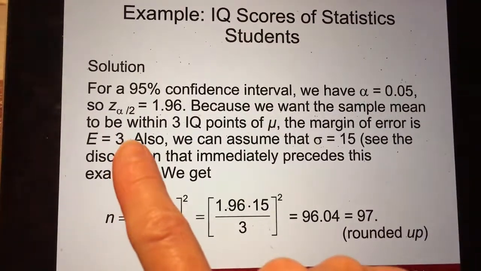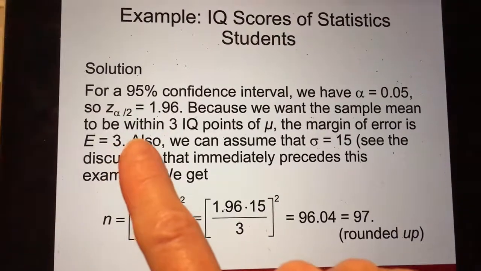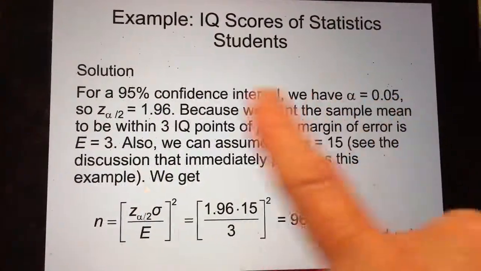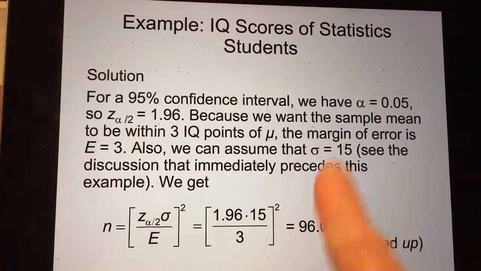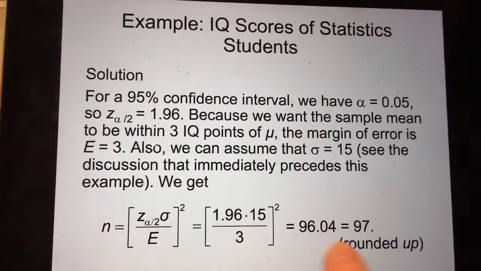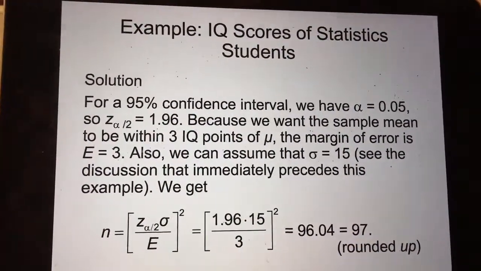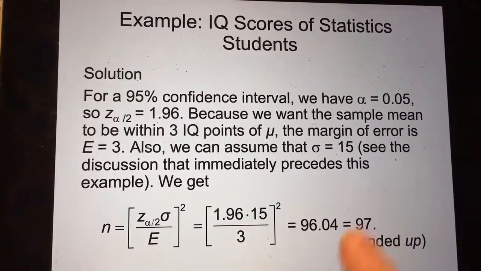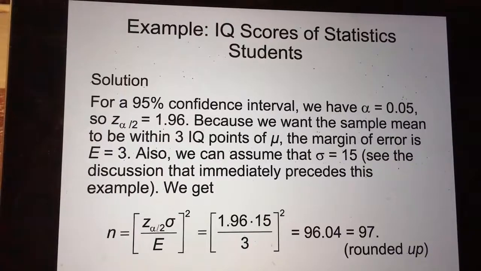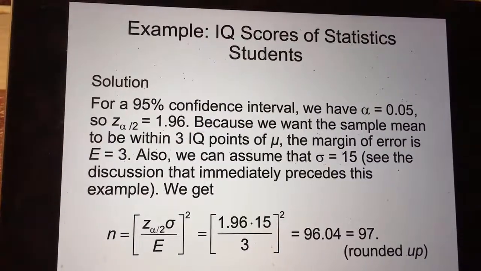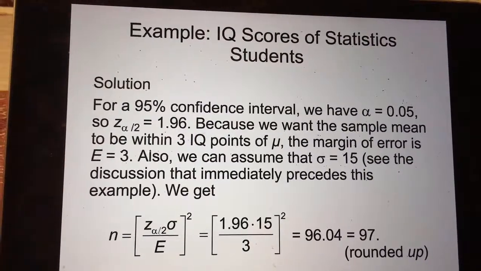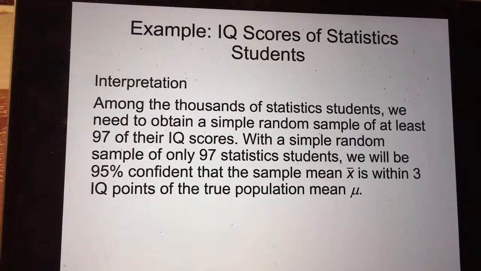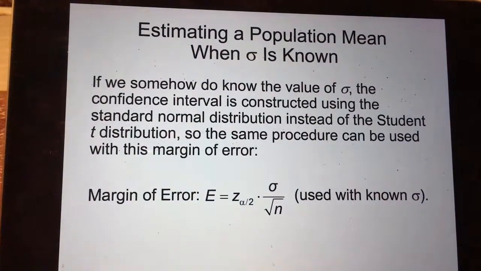So they only want you to go up and down 3, and they want a confidence level of 95%. So you plug this into the equation, and you get 97 as the minimum number of students that you could have to get the estimate for the mean. Okay, so they're finishing that one up.